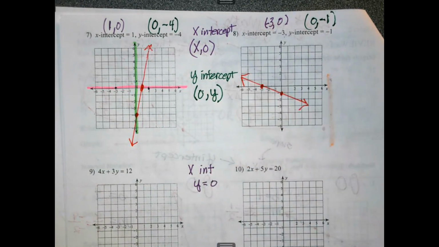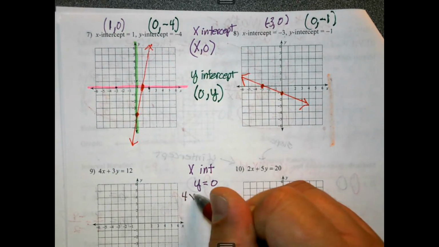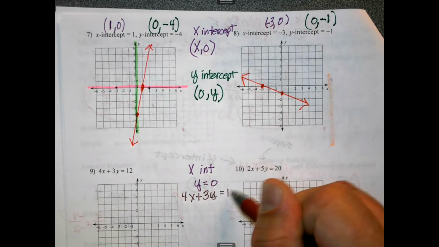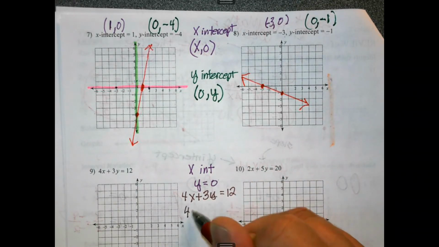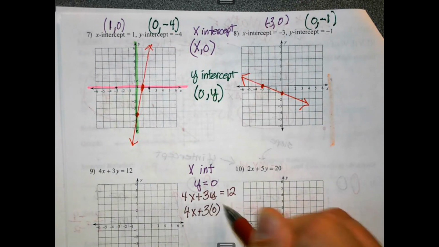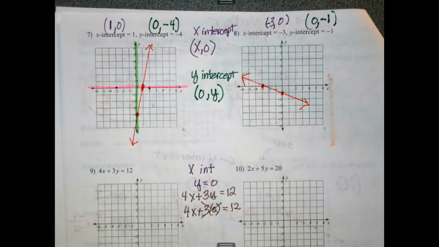So what I'm going to do here is take my equation, 4x plus 3y equal 12, and I'm just going to substitute in 0 for my y. And what that does is it eliminates this term, turns it into 0.